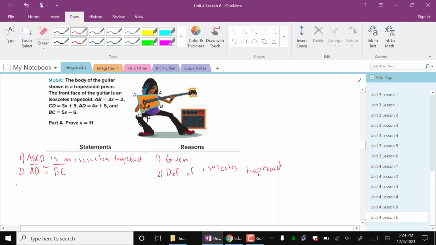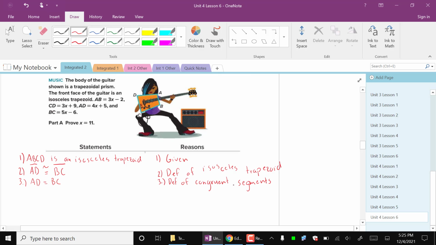Continuing along with that, if they're congruent, that means they're equal to each other: AD equals BC. This is the definition of congruent segments. If the segments are congruent, they're equal to each other.